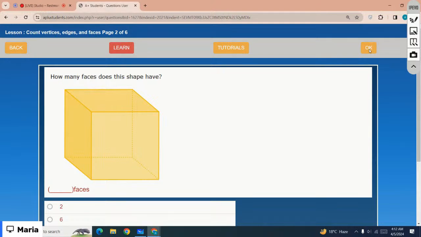How many faces does this shape have? Which is the correct option? The correct option is six faces.